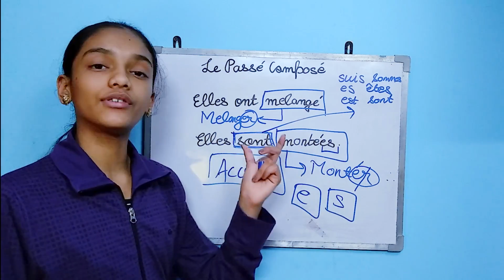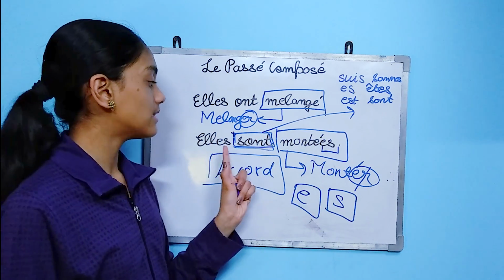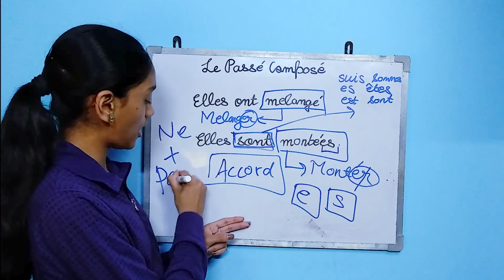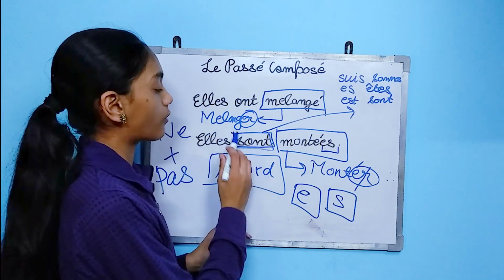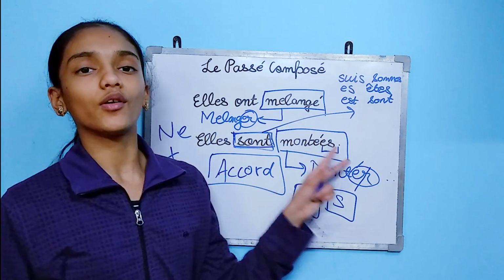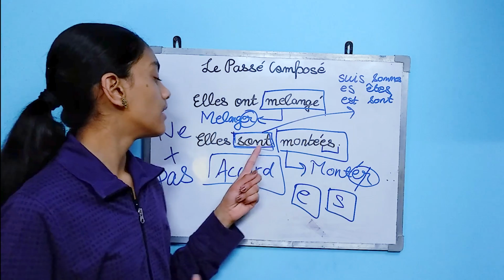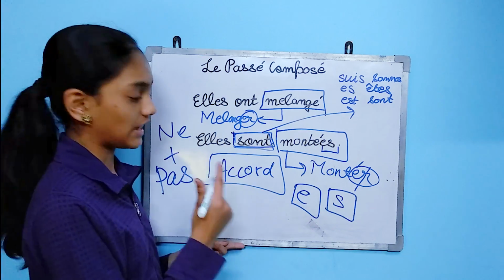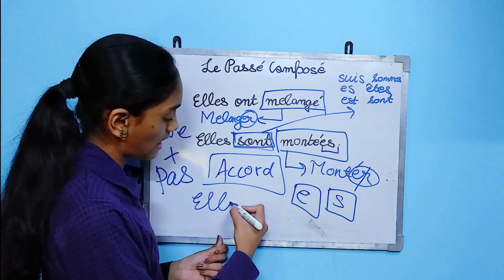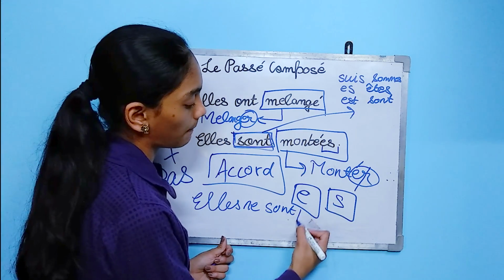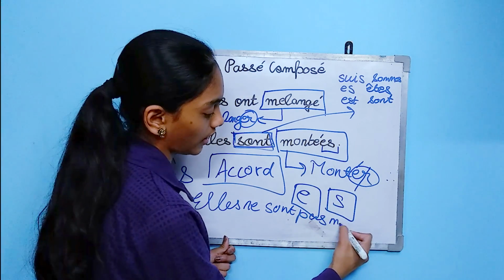So here être is the conjugated verb, and hence the ne and pas, which is introduced in negation, will wrap around sont and not monté, because monté is just the past participle. It's not the conjugated verb, and hence the negation for this would be elles ne sont pas montées.